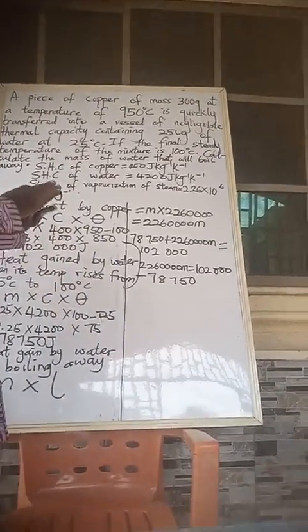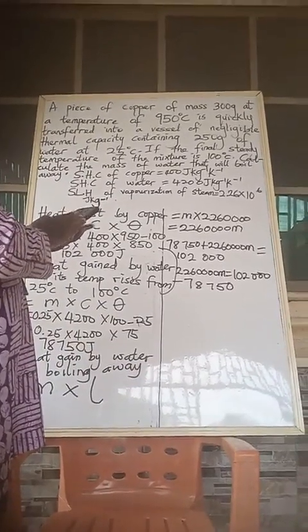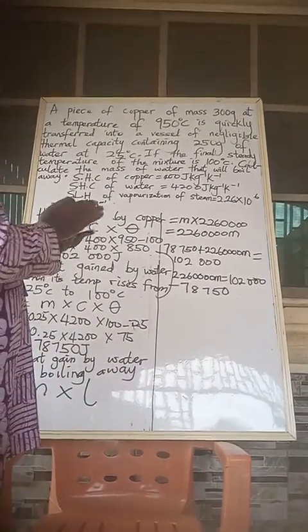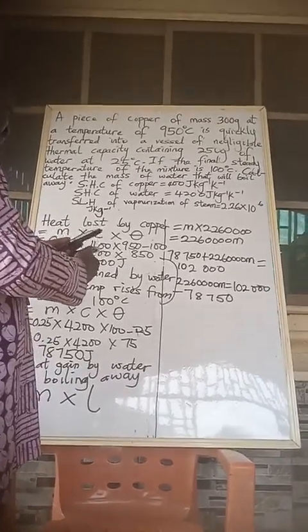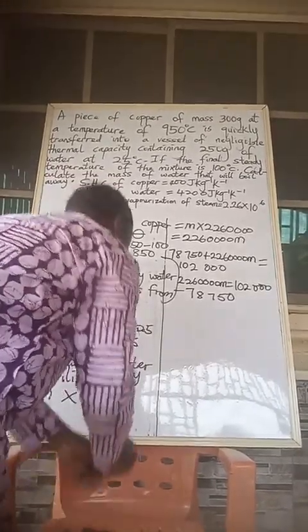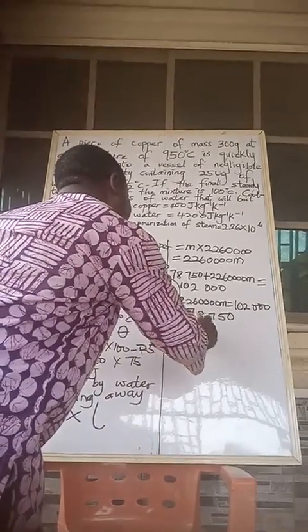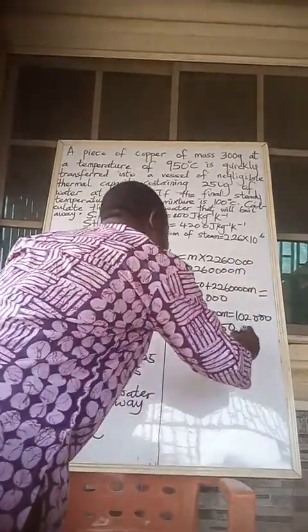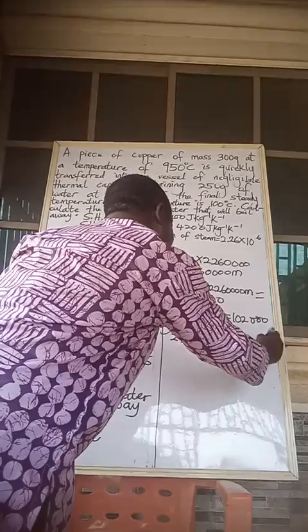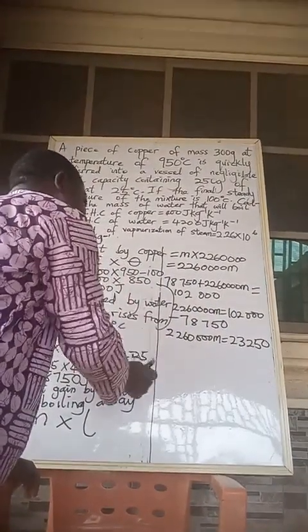Let's quickly do this calculation. 102,000 minus 78,750 is 23,250. So we have 2,260,000 M is equal to 23,250.